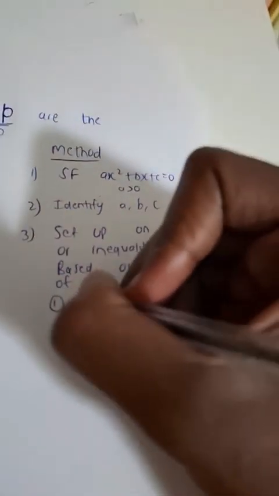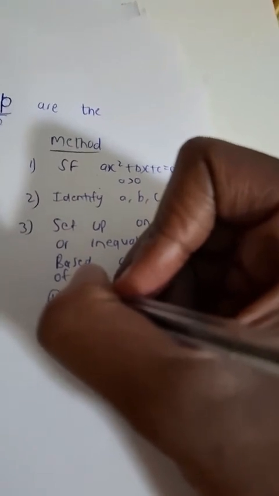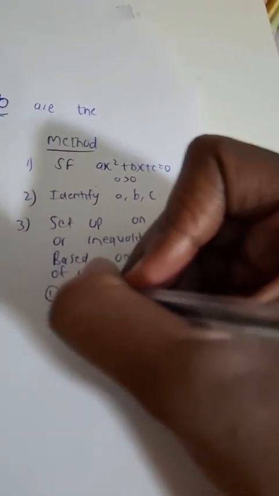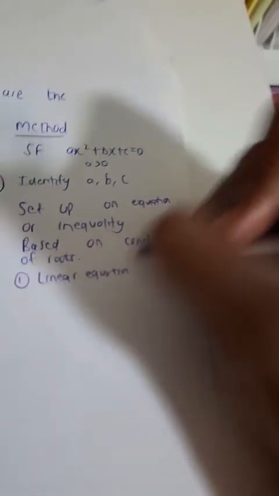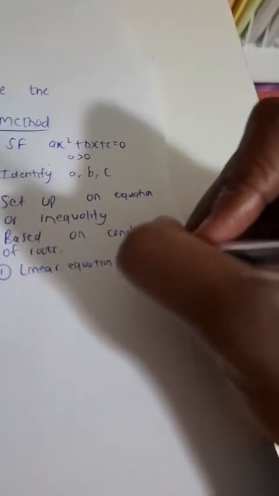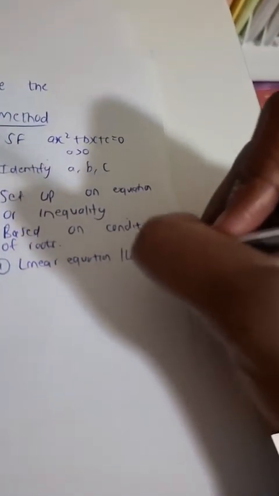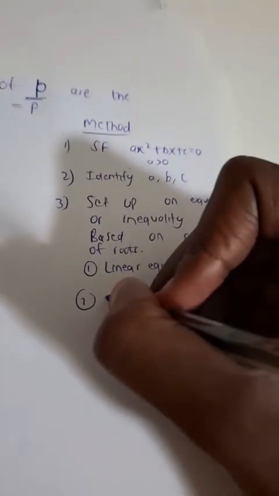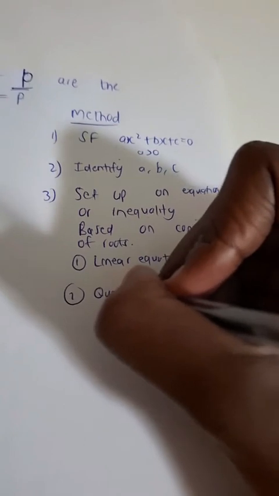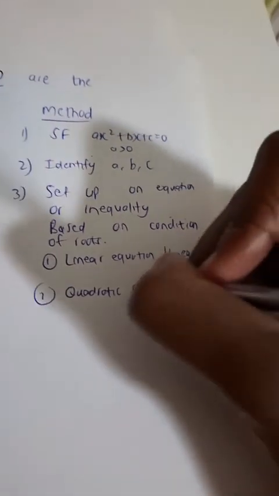And there are 3 types or 4 types of, in fact, you can either set up a linear equation, or it can be a linear inequality, or 2, you can set up a quadratic equation, or it can be a quadratic inequality.